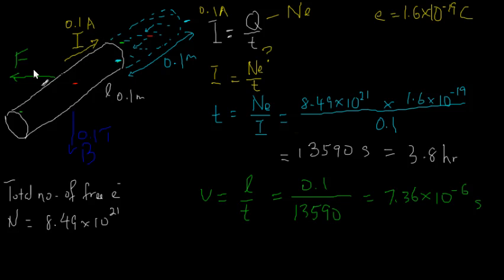But what I would like to mention here is that this number, although it's the correct answer for this example, is not the actual velocity of each electron. This number here is an averaged velocity. This is an average value.